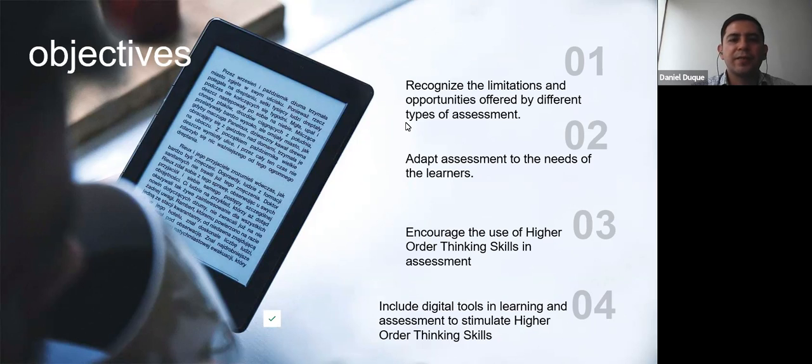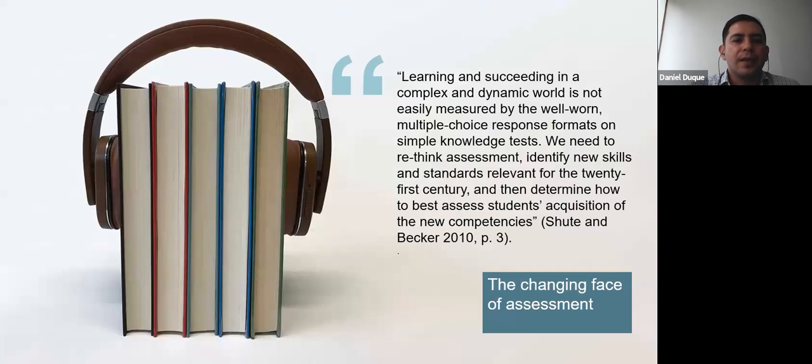So hopefully by the end of the lesson, we will have these 4 objectives clear and some new ideas on how to approach assessment in our classroom. We know assessment should be as objective as possible. However, one common problem is the belief that it is only achieved by using closed answers, which are either right or wrong.